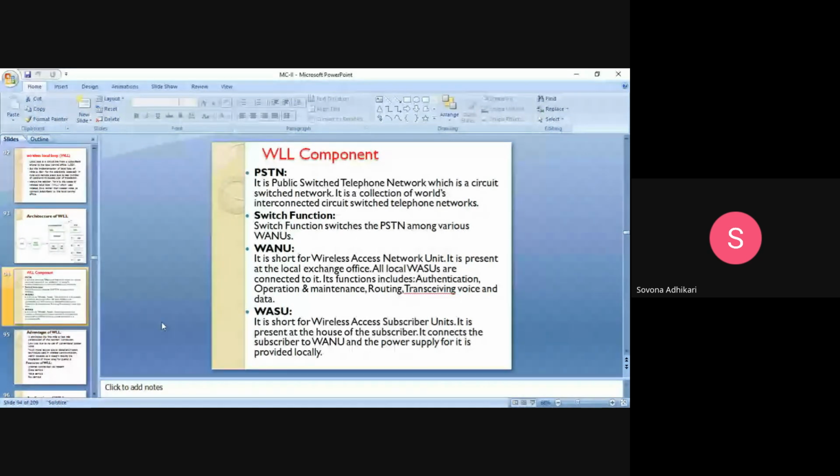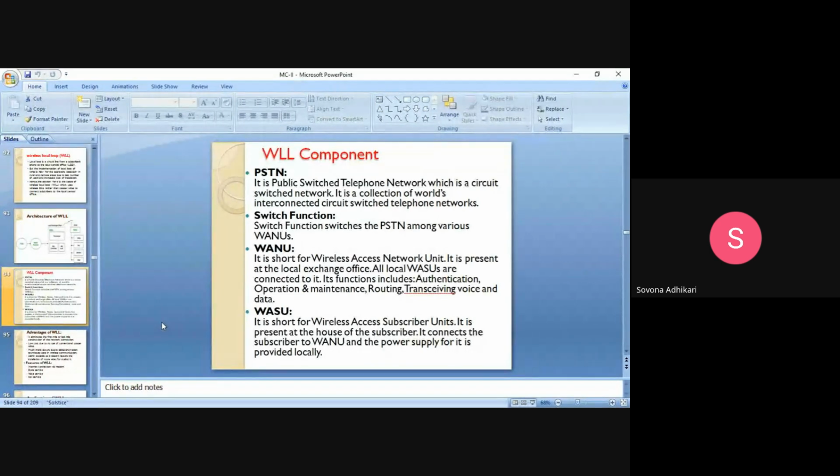Switch function switches the PSTN among various WANUs. What is WANU? Wireless access network unit. These are the switch functions which switch the PSTN among various WANUs. It stands for wireless access network unit. It is present at the local exchange office.